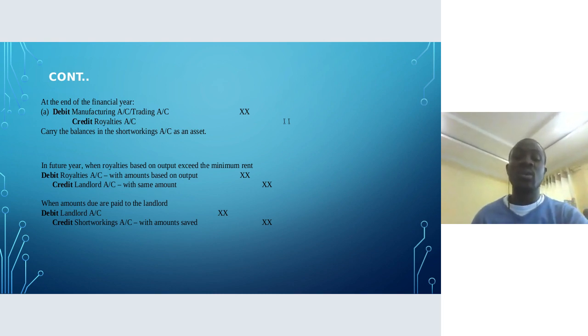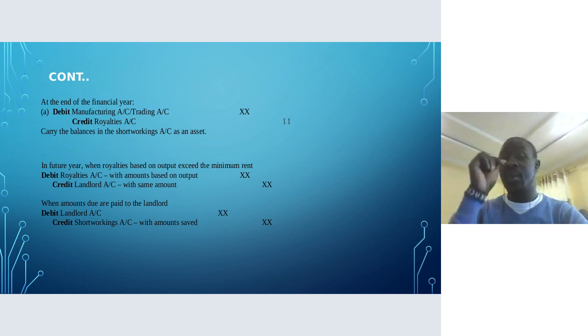Then we also have the output. For example, in the case that we have given, the output was based on the number of books that are sold. So if you have sold 50 books, and the royalty is 20 shillings per book, that will be 50 times 20.